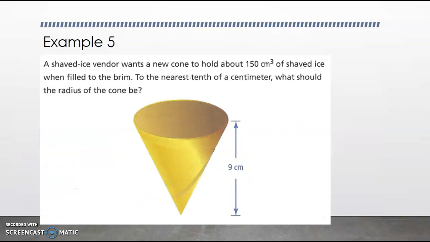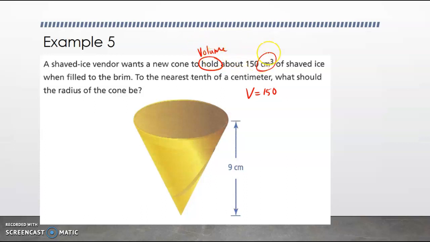All right, so next example. A shaved ice vendor wants a new cone to hold about 150 centimeters cubed of shaved ice. Just looking at this unit, that tells us that that's a volume. Also the fact that they want it to hold, since we're holding, that means volume.